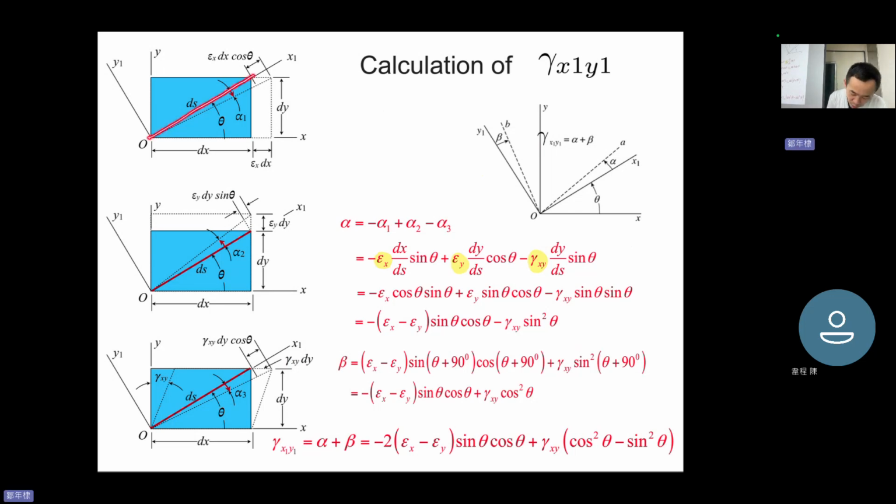So in the x1 direction, you see x1 going counterclockwise. Alpha is counterclockwise.